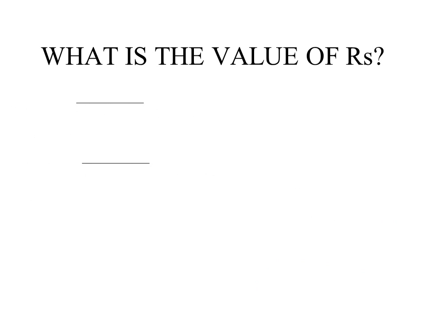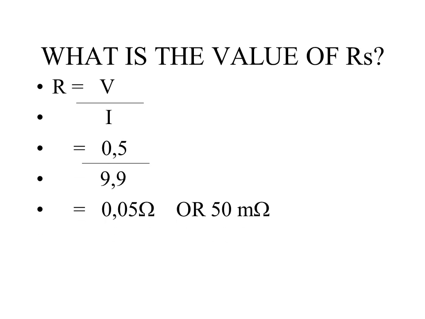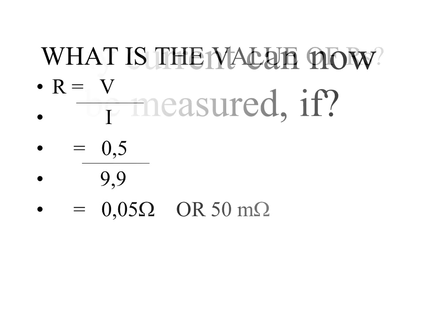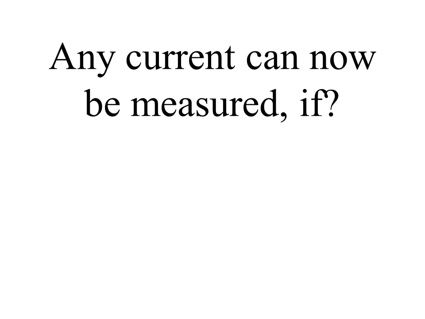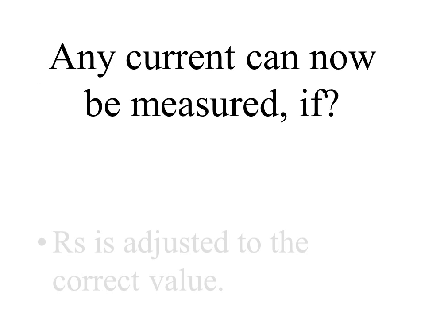Using Ohm's law, R equals V over I, that is 0,5 over 9,9. The shunt resistor's value will then be 0,05 ohms or 50 milliohms. Any current can now be measured if Rs is adjusted to the correct value.